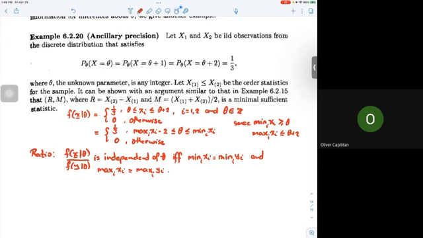So if we let X sub (1), a random variable, be equal to the minimum of all these random variables X sub i, and X sub (2) be the maximum of all the X sub i, there are only two i's.